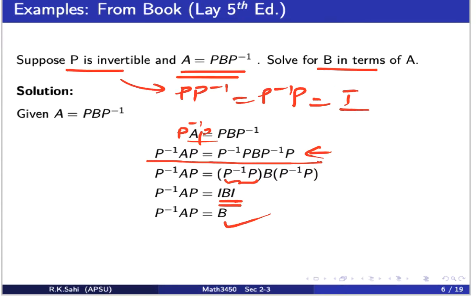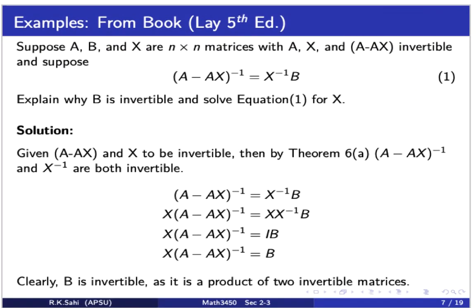Okay, another example from the section of this book. It says we have 3 n by n matrices, suppose they are A, B, and X, with X and A minus AX to be invertible.